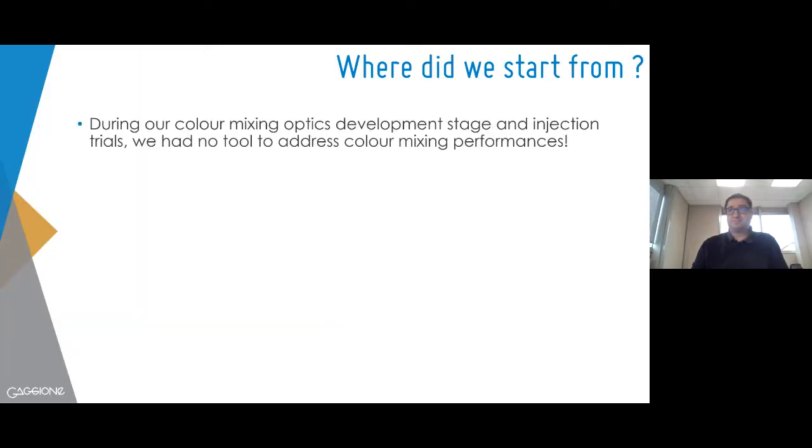Where did we start from? Gajan has been involved in optical injection and optical system development since 1948 for the company's age, and I would say since the 90s for the optical side of our business, which is now most of our turnover.